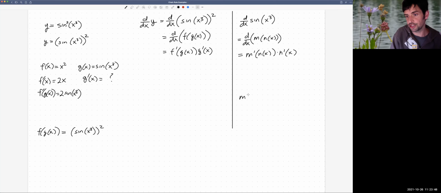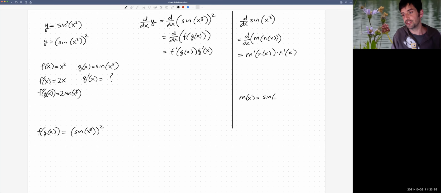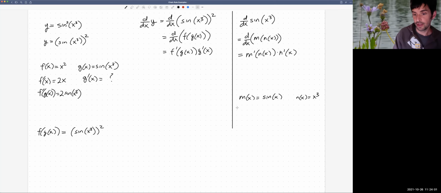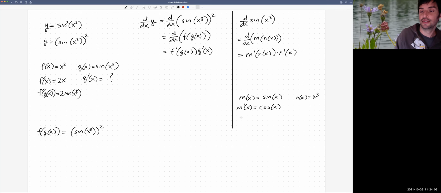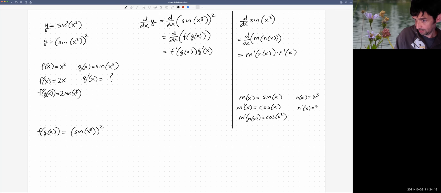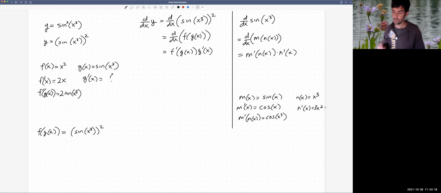So what are my two functions? Well, it looks like I will need the outer function to be the sine of x, the inner function to be x cubed. And you see when you compose those, we get what's up there. So m prime of x is going to be cosine of x. M prime of n of x is going to be cosine of x cubed. And n prime of x is 3x squared.